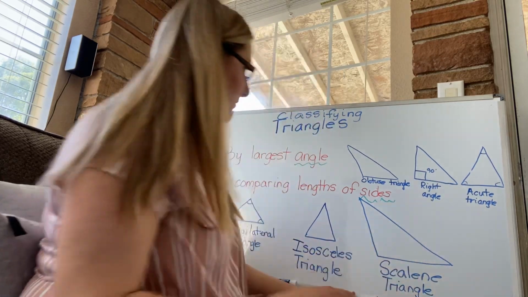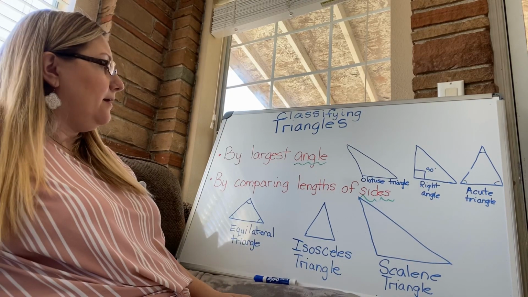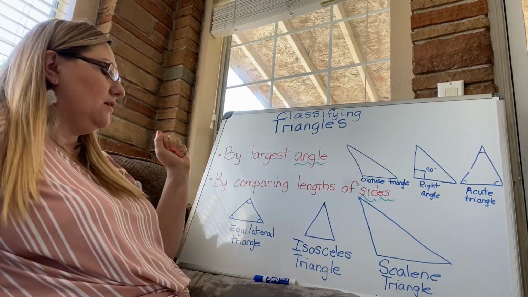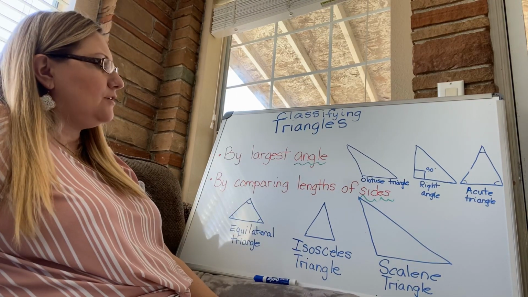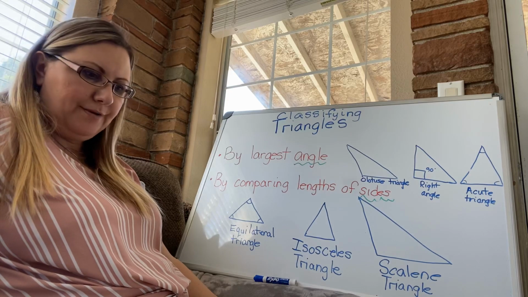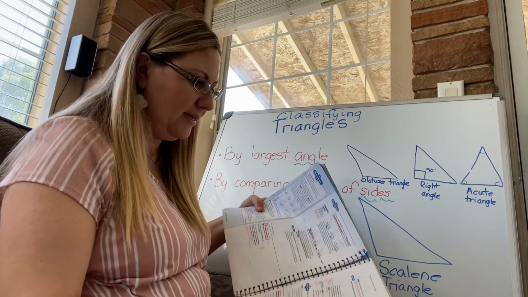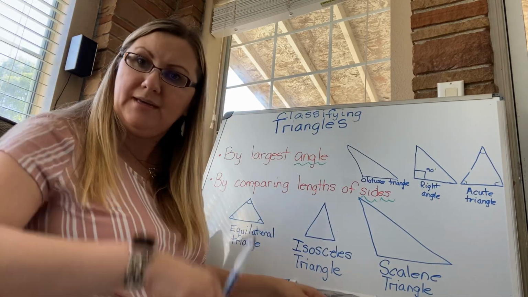Okay, so take a look at what we have here. So we can classify triangles, name them by angles or by sides. Okay, and there is just one more term that you need to know today, which is equiangular.